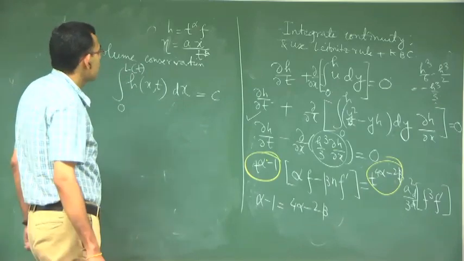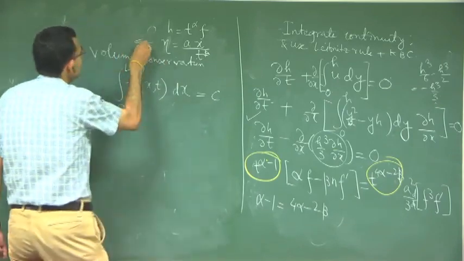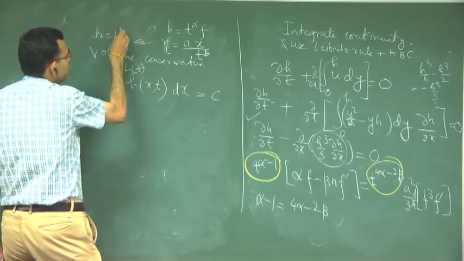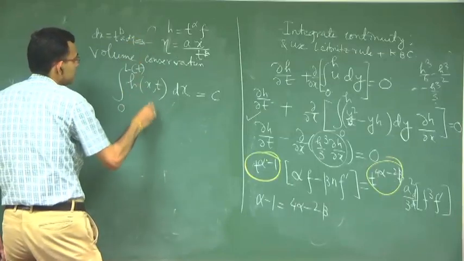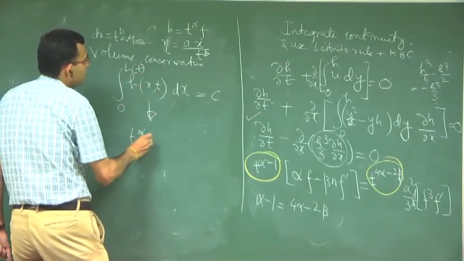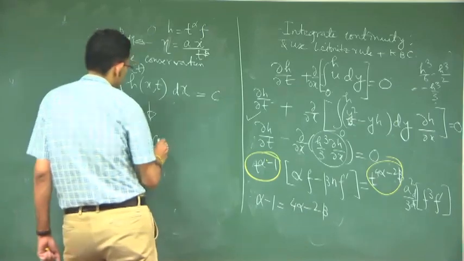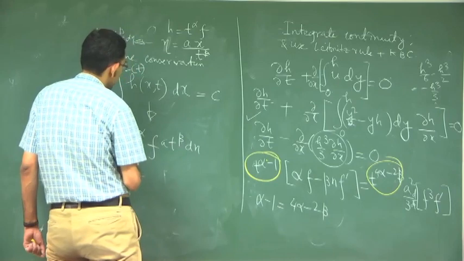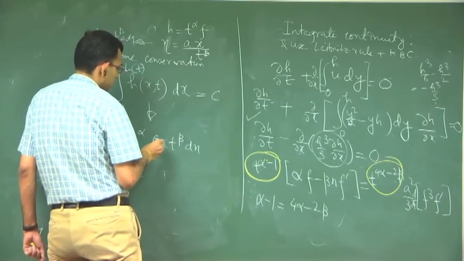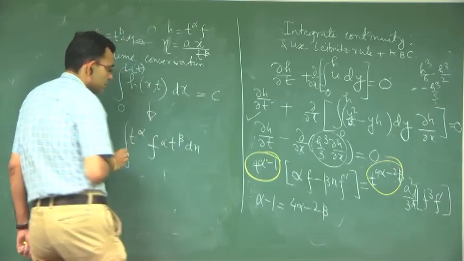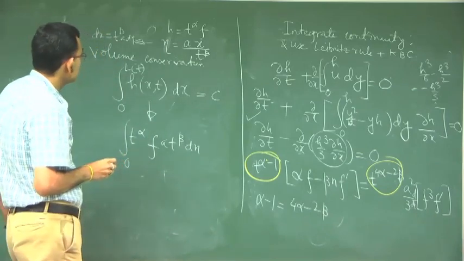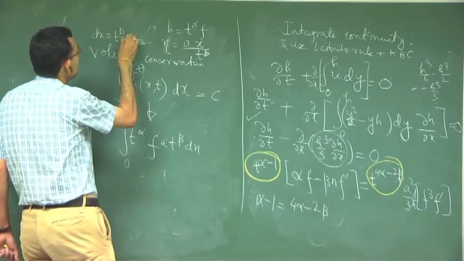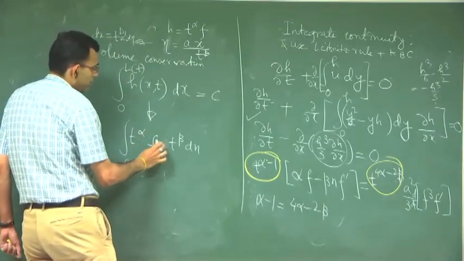So, dx from here is t to the power beta a d eta. So, this is t to the power alpha f a t to the power beta d eta. Yes, dx is this is 1 by a. So, this is 1 by a.